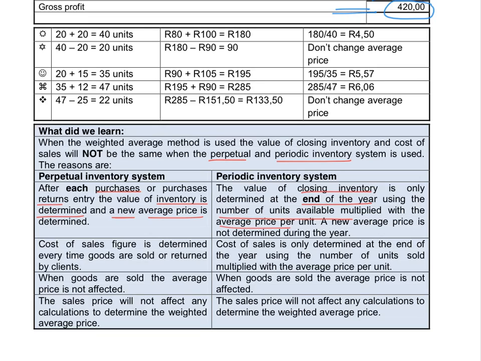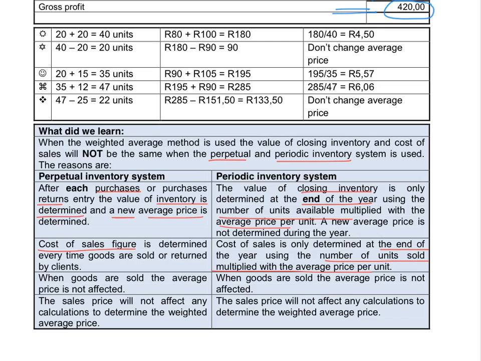In the perpetual system, every time something is sold, the cost of sales figure is determined when goods are sold or returned. In the periodic system, we don't use a cost of sales account, so the cost of sales will only be determined at the end of the year using the number of units available at the end of the year multiplied with the average price.